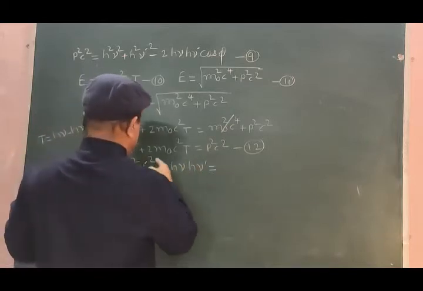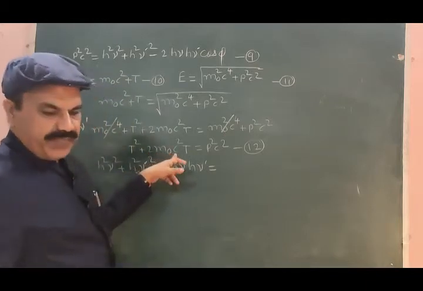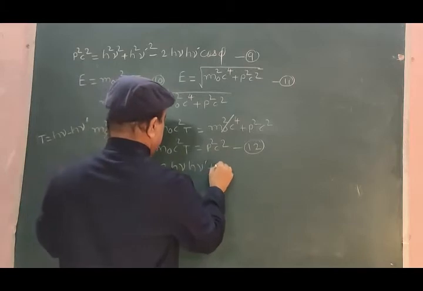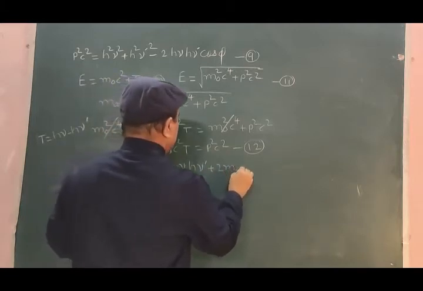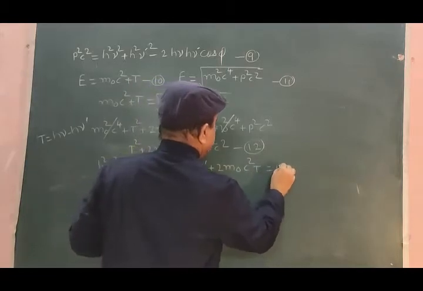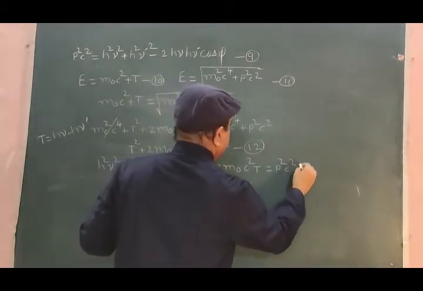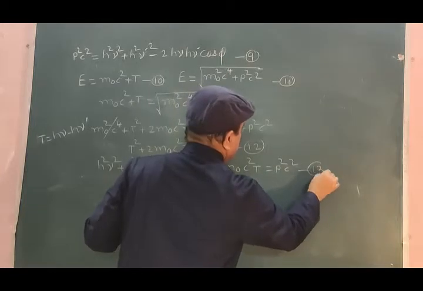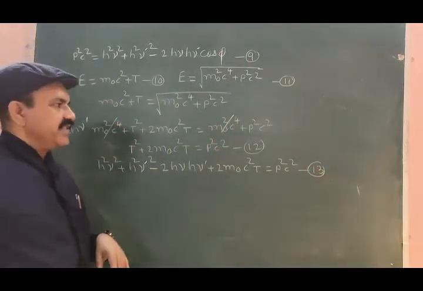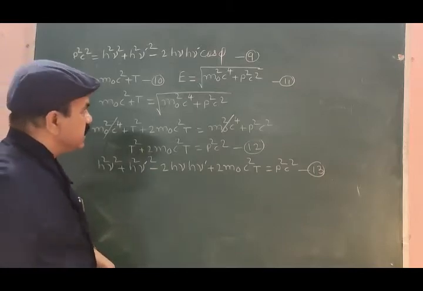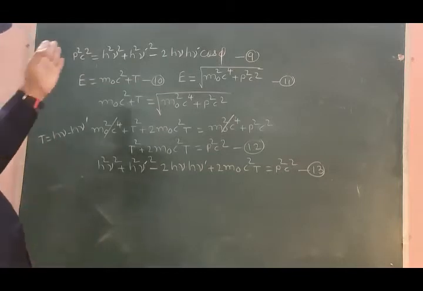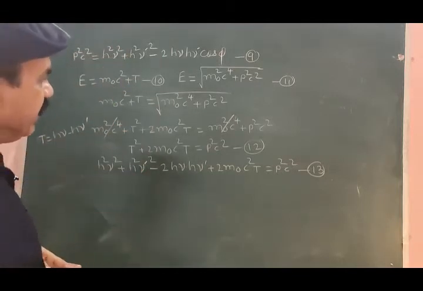This term is left, plus 2 m0 c square T is equal to p square c square, equation 13. Now, let us compare equations 9 and 13.